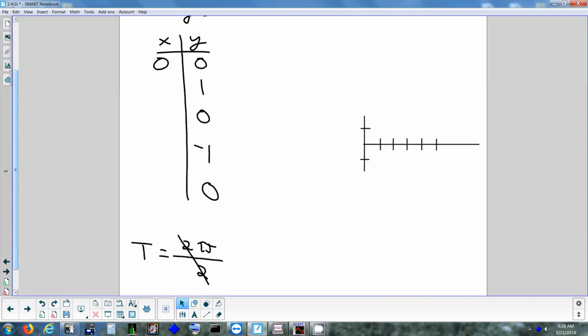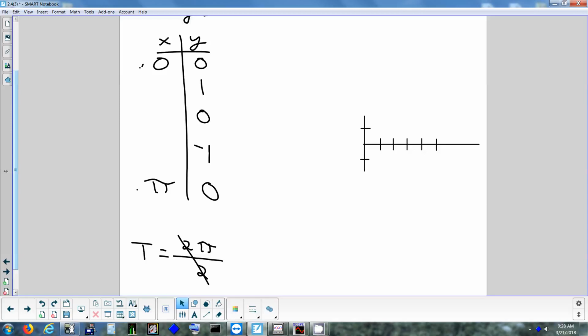So the period here is pi. This graph is going to start at 0 and finish its cycle at pi. Now we have to find some points in between to figure out the curvature. We've got 0, we've got pi, first and last. Now we can get what's in the middle.